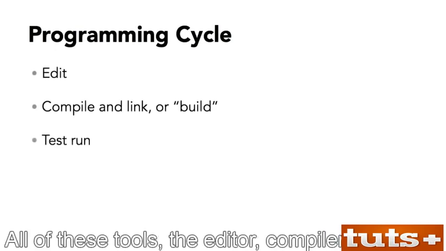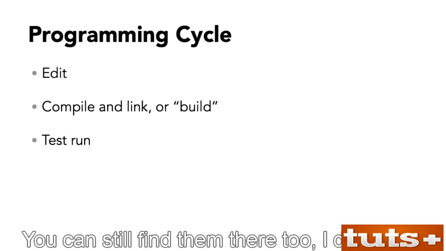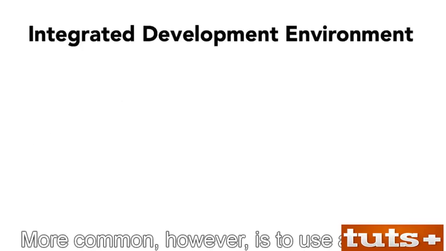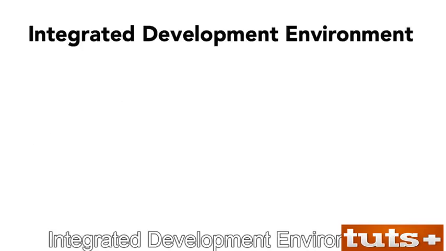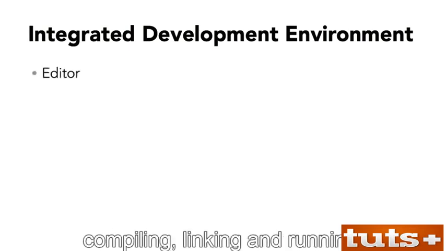All of these tools, the editor, compiler, and linker, originated at the command prompt or terminal. You can still find them there too. I do a lot of coding at the command prompt because it's quick. More common, however, is to use an IDE or integrated development environment. An IDE combines the tools for editing, compiling, linking, and running.